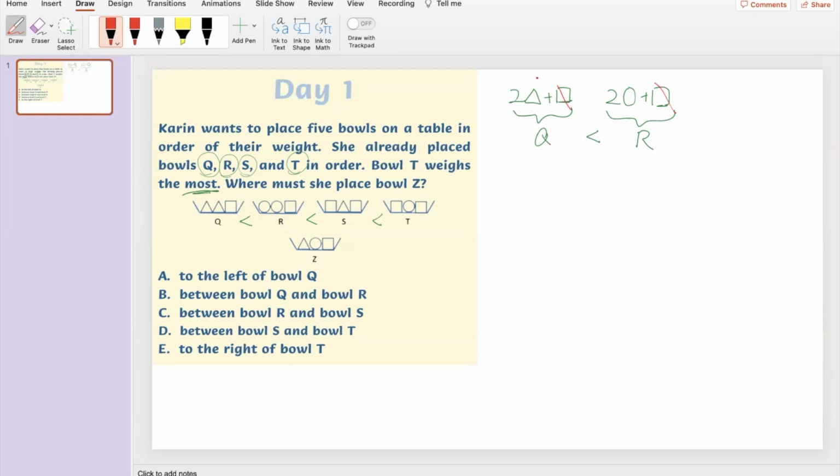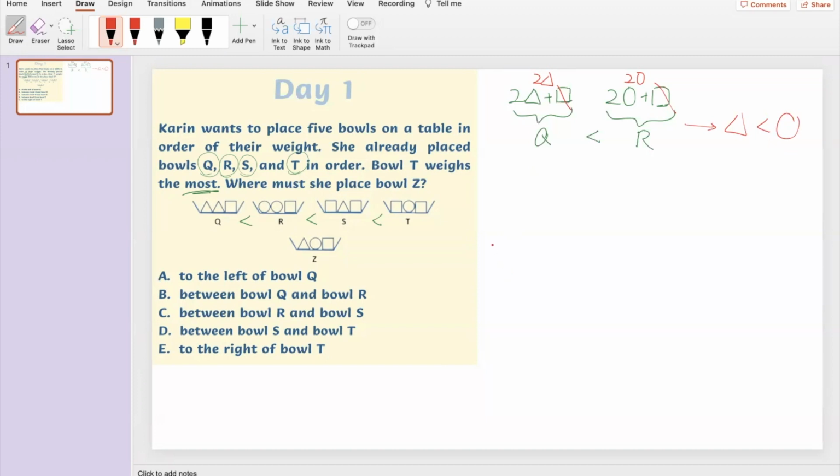And we have 2 triangles and 2 circles. And we know that 2 triangles are lighter than 2 circles, which means triangle is smaller than circle, or lighter than circle.